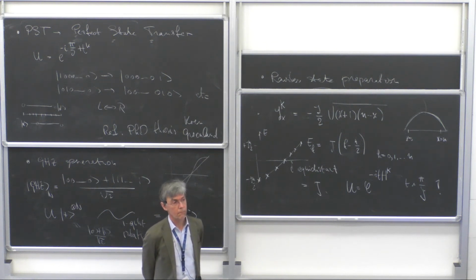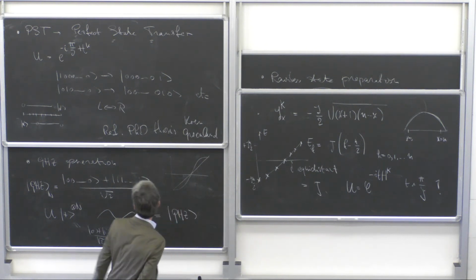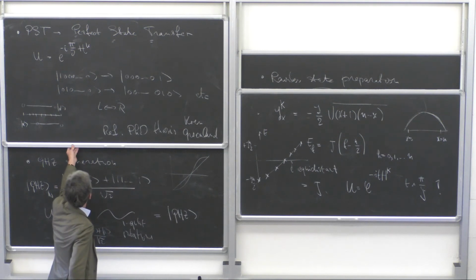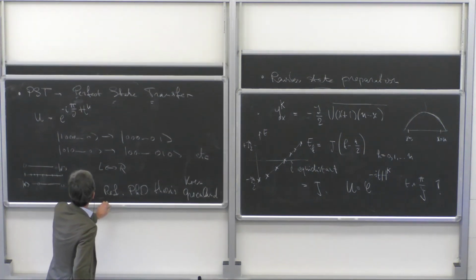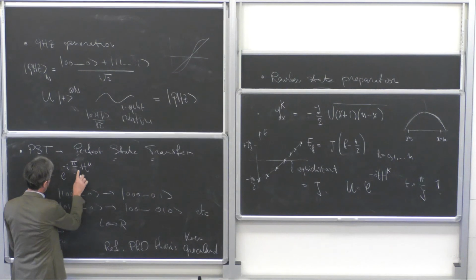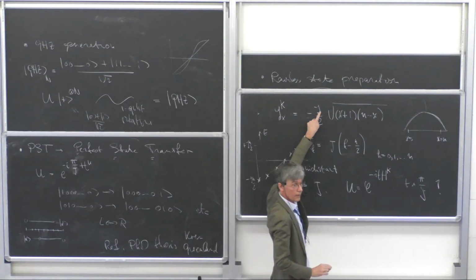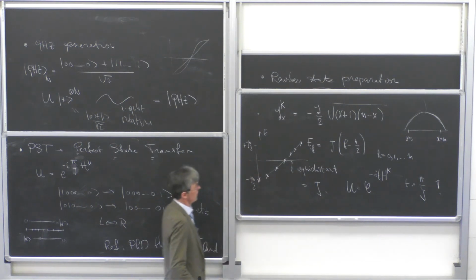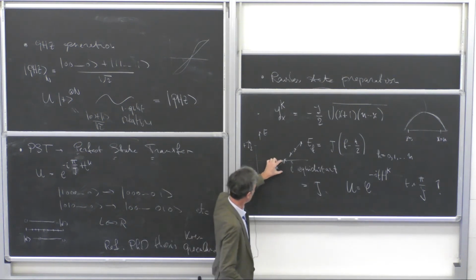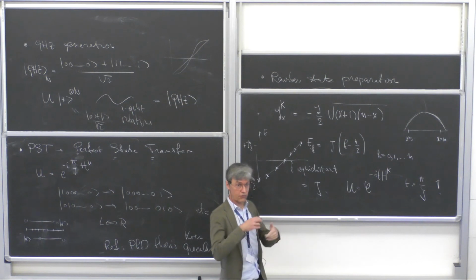U is e to the minus i pi over... I don't see really. It's a particular value of the time. Yeah, so it's the J. That's here, this J. That sets the scale, and so the spacings are exactly equal to J. So the magic choice of time is pi over J.